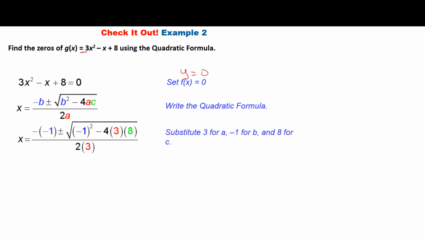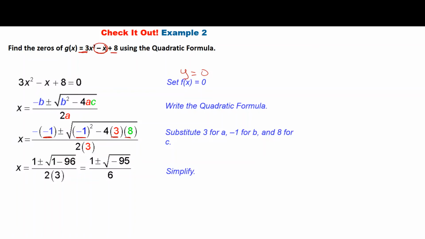So remember, 3 is our a, b is negative 1, and c is 8. All right, so negative 1, x equals negative b plus or minus the square root of b squared minus 4ac all over 2a. All right, and then when we simplify that, we actually end up with 1 plus or minus the square root of negative 95, and all of that is over 6.